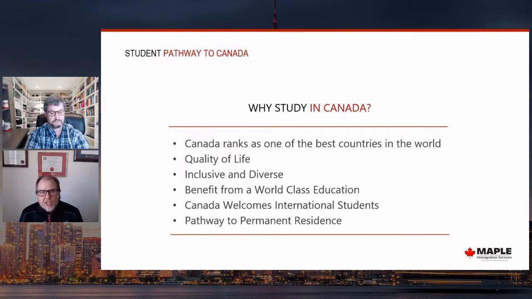Also, Canadian education is a world-class education. That is borne out by the number of international students that we see coming to Canada. In fact, Canada now ranks as the number 3 destination of international students, and we're moving up with a bullet.